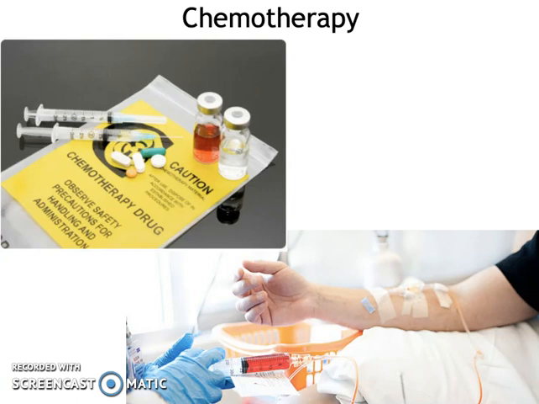Newer drugs are what are referred to as antimetabolites, and they work not by destroying the DNA of actively dividing cells, but instead by weakening the cell, preventing them from taking in food and growing and dividing.